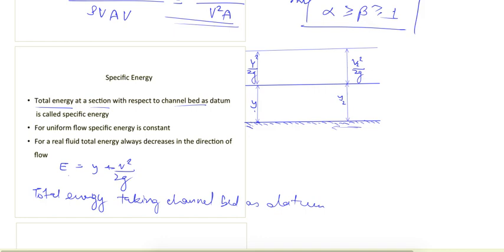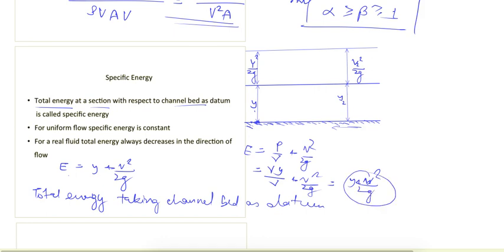If I consider this channel bed as datum, and want to find the total energy at these points, it is the sum of pressure energy plus velocity head, and we consider the hydrostatic pressure distribution. So the pressure head here will be gamma y upon gamma, plus v square upon 2g. So this is y plus v square upon 2g, which is the specific energy we are defining here.